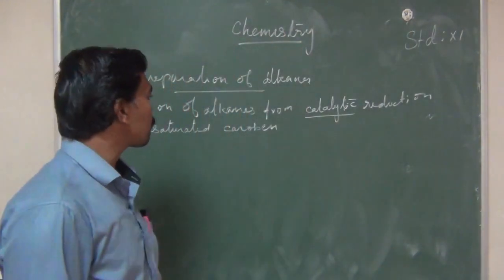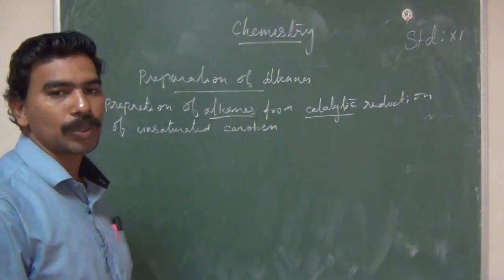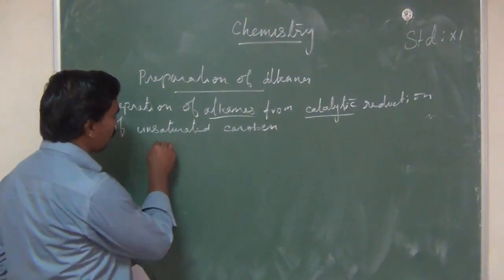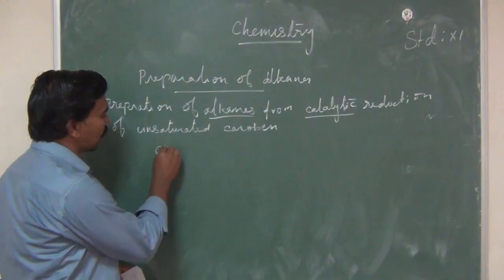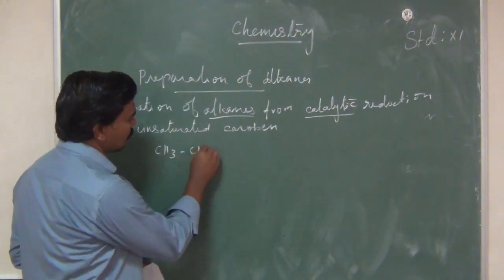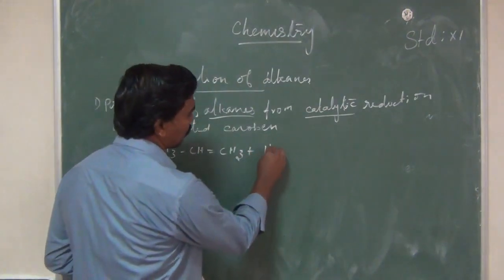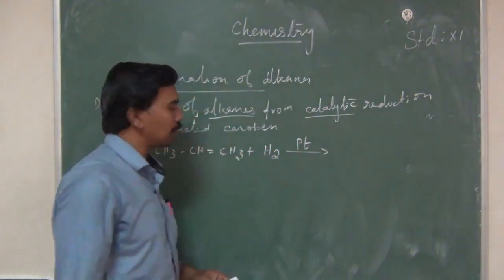Here the alkane we are going to prepare is propane. So propane is prepared from propene. Propane means 3 carbon atoms. So CH3-CH=CH2 plus H2. Then the catalyst is platinum.